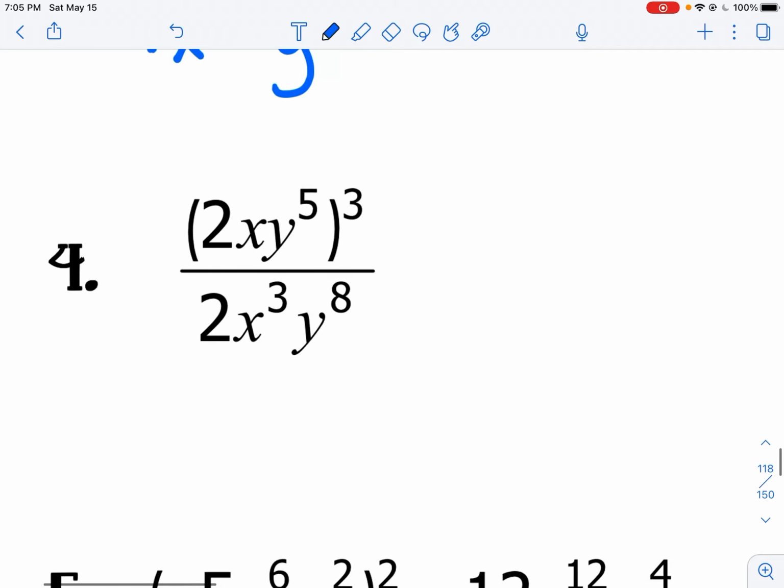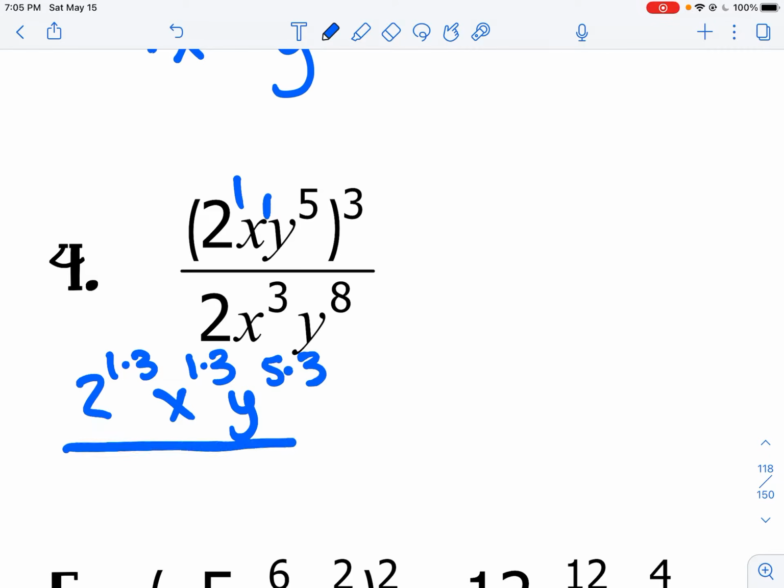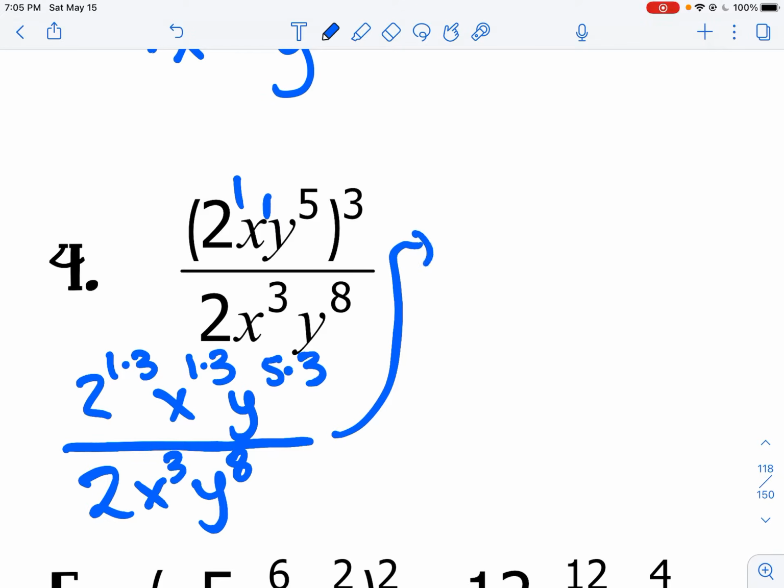Here. Now if I look at the numerator, boys and girls, I have an exponent going on here. That's parentheses raised to an exponent. I have got to do exponents before I do division. If you remember PEMDAS, that's what it tells you. So I'm going to take 2 to the 1 times 3, x to the 1 times 3, y to the 5 times 3. And that's over 2, x to the 3rd, y to the 8th. I'm actually going to come up here and write this.